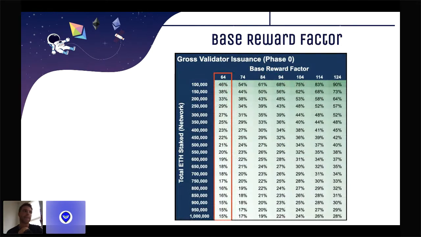It is not dynamic, it is fixed. However, it has some of the most sensitivity in changing the reward. So if someone didn't love the rewards of ETH2 and wanted to propose a change, the base reward factor is, in my opinion, one of the main low-hanging fruits to poke at and figure out if you agree with it or not.